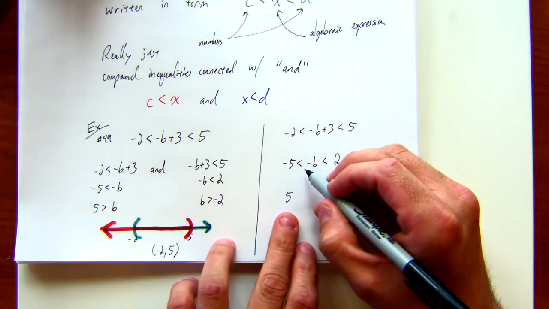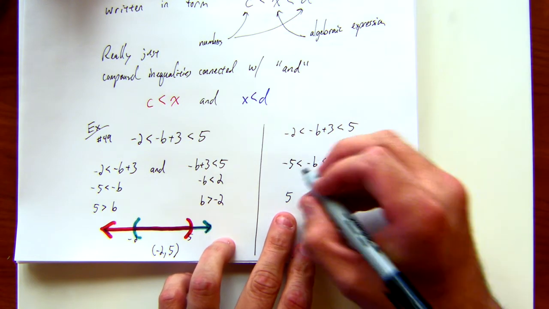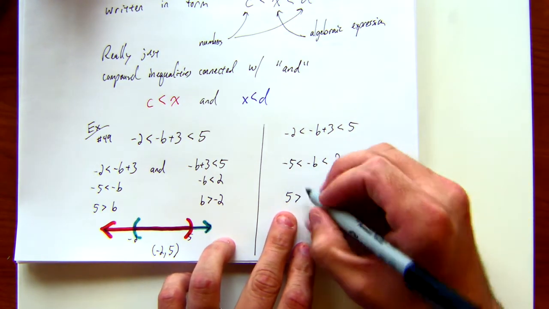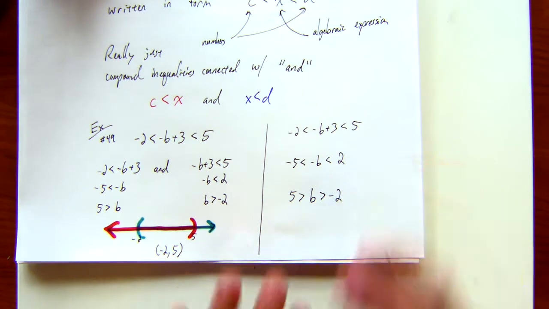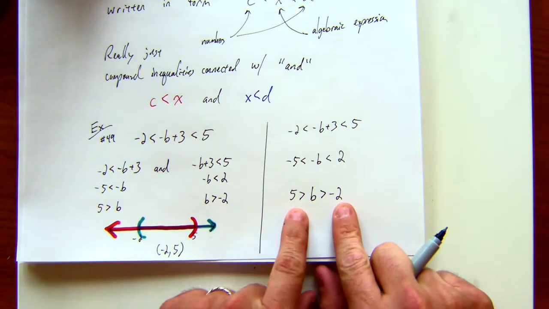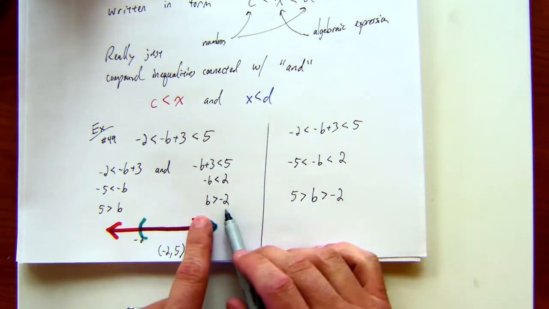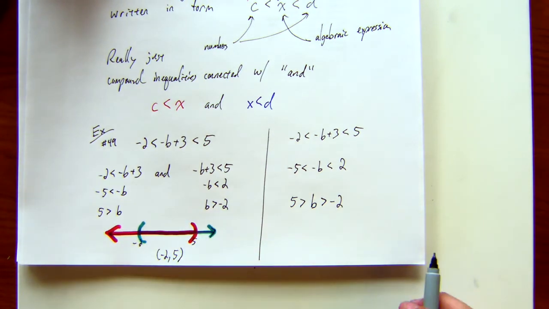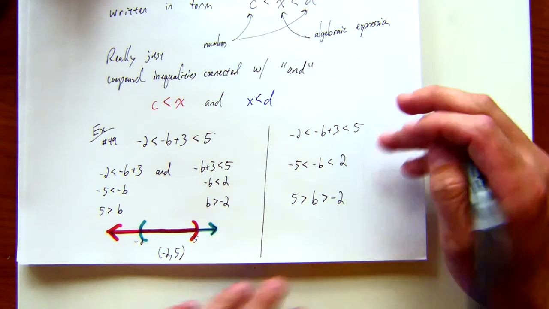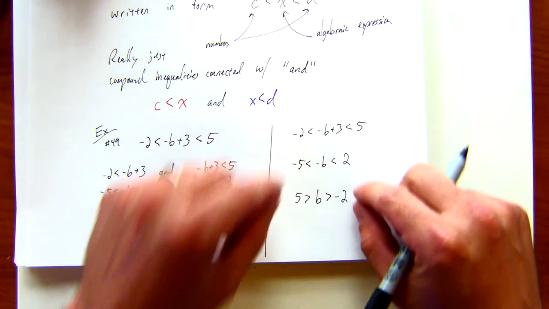But again, we're multiplying by a negative, so what do we do with our inequality signs? Switch them. So 5 is greater than b, and b is greater than negative 2. Once you get to this, you can break it up and you'll get these very two things, and then you can graph it the same way. So it might be easier to work it first without breaking it up, but it takes practice because you've got 3 pieces to think about.